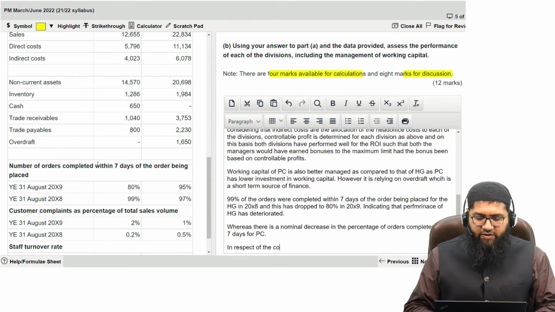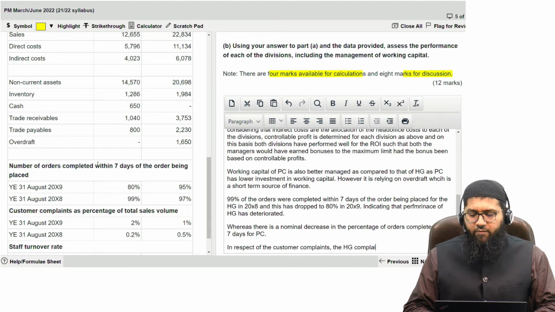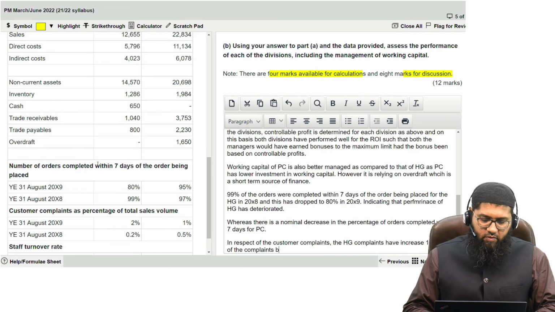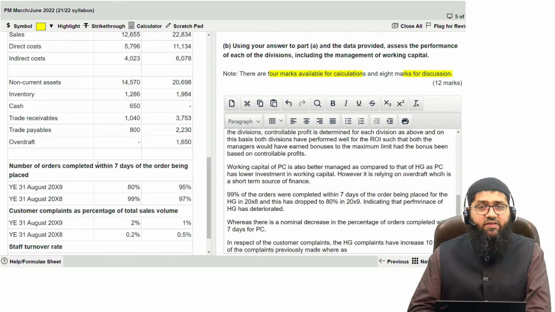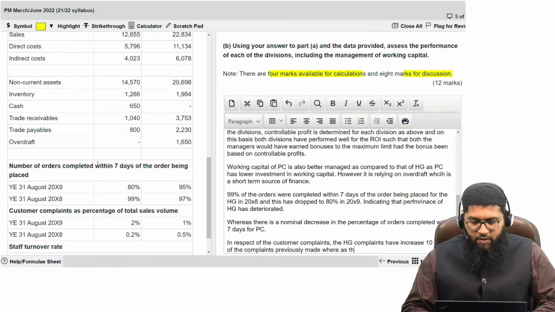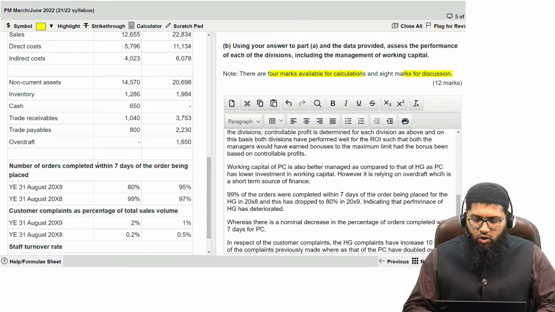In respect of customer complaints, the HG complaints have increased 10 times the complaints previously made, whereas those of PC have doubled over the last year.